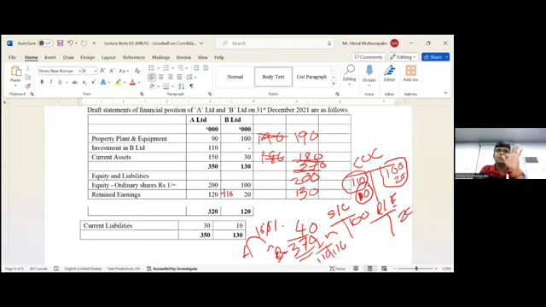Remember, if there is goodwill on the acquisition, you need to recognize it in assets. If it is a gain on bargain purchase in the acquisition, you need to recognize it by adding it to the retained earnings. Else, if you are preparing the P&L, you need to recognize it under other income. Clear?